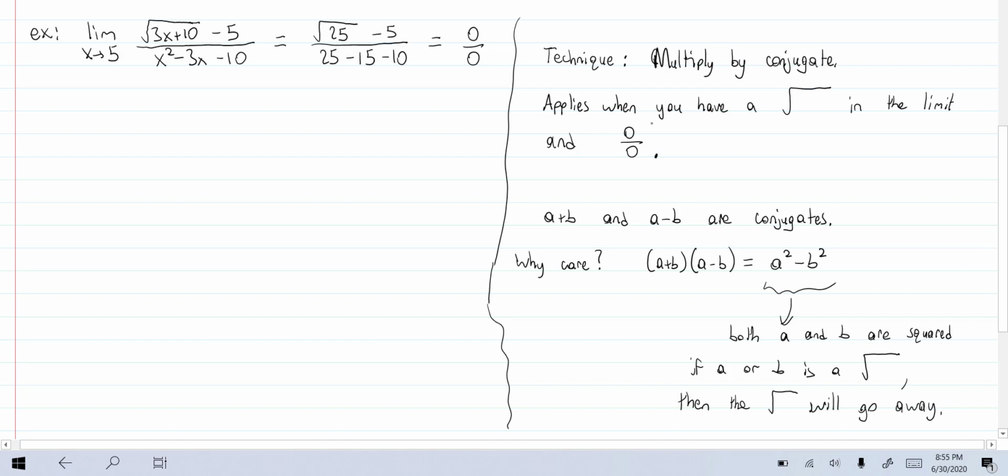We did have a limit with a square root in it, and it is giving us the 0 over 0 indeterminate form. So what I'm going to do is, well, I'm going to copy down my problem first.